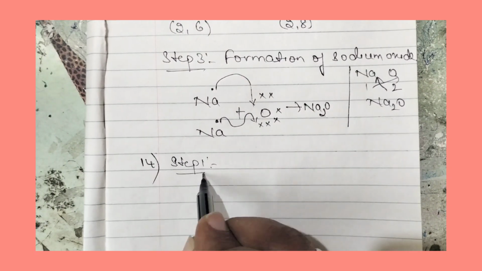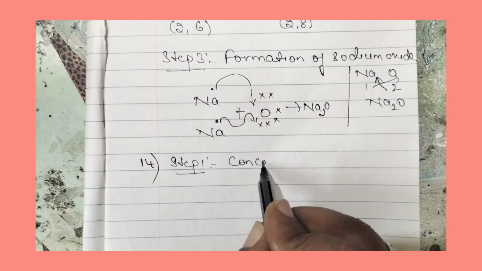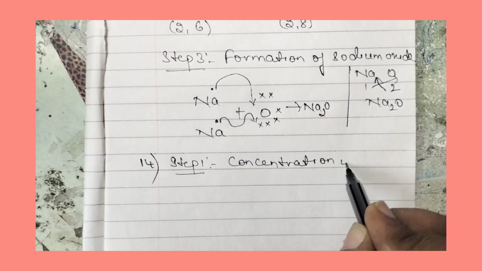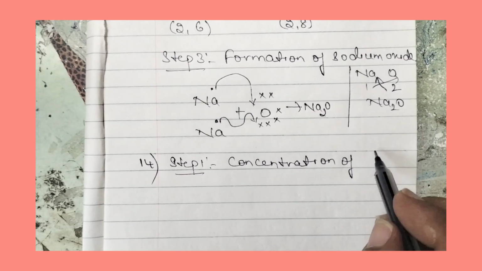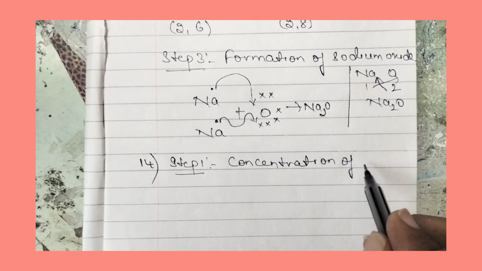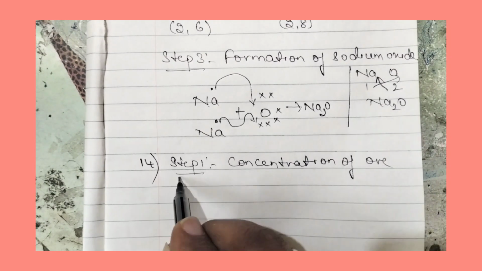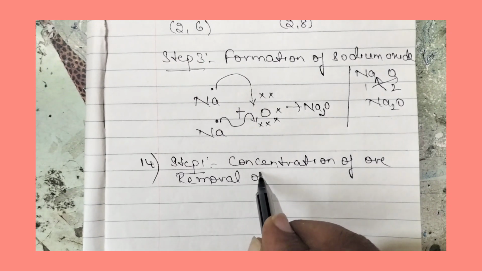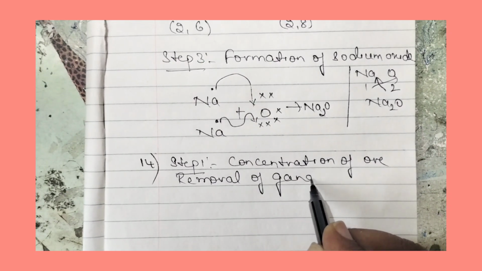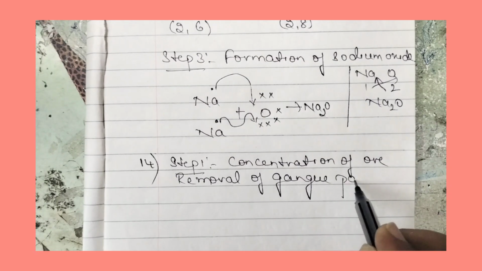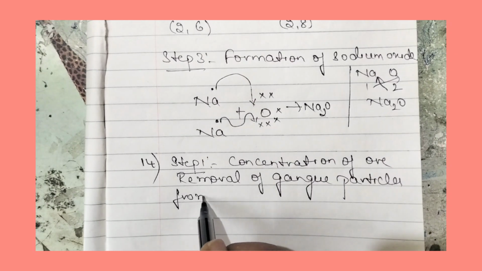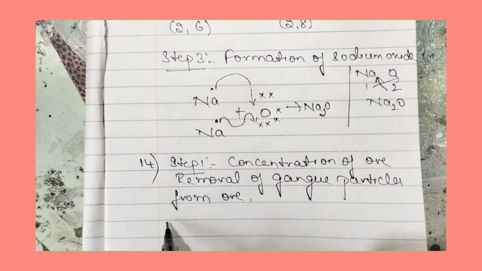Step number 1 is concentration of ore. Concentration of ore means removal of gangue particles from the ore.